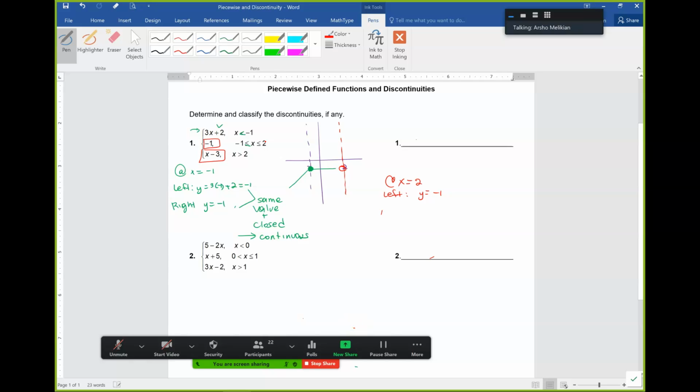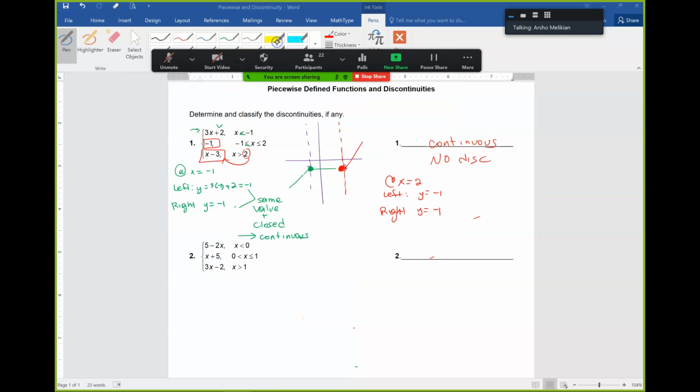It's closed, right? And then from the right, if you plug in this one, you get -1. And it's open, so again, that means it's continuous, right? Same value, closed, continuous. So this is continuous everywhere, or you would say there are no discontinuities. There is no set way, just get the message across.